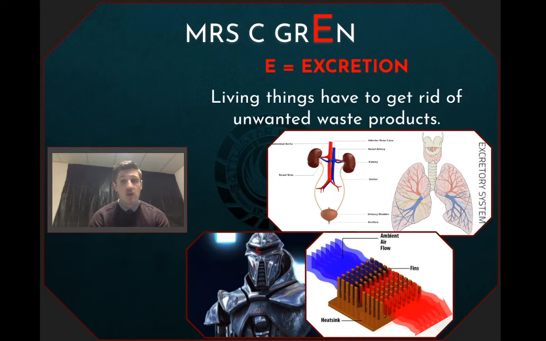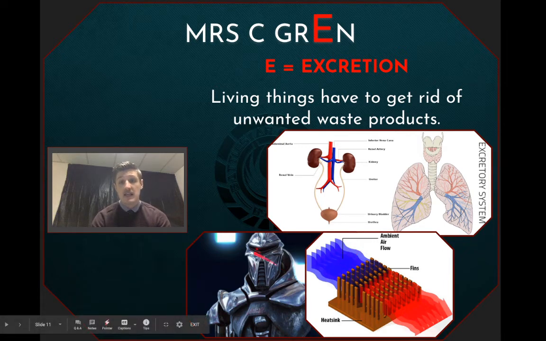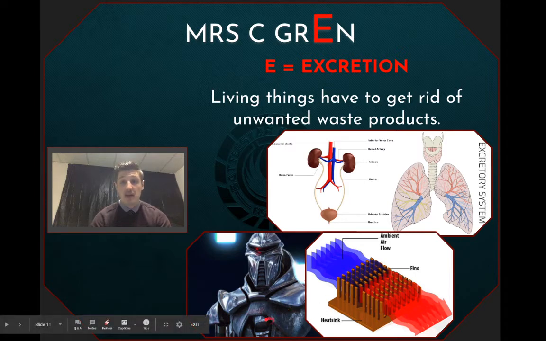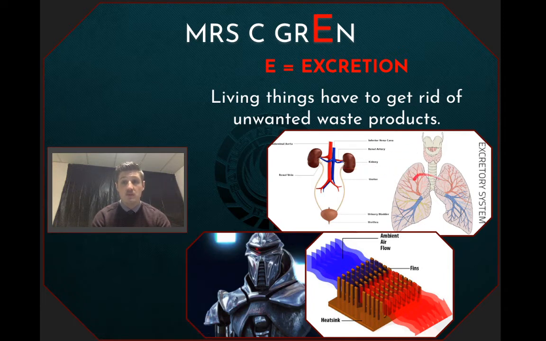And you could argue that Cylons might be doing the same thing with things like excess heat and light coming from their sensors. Here I've got a common heat sink that we have in much of our technology that would get rid of excess and unwanted heat generated by a Cylon's energy system. Who knows? But for living things, there are a number of organs responsible for excretion.